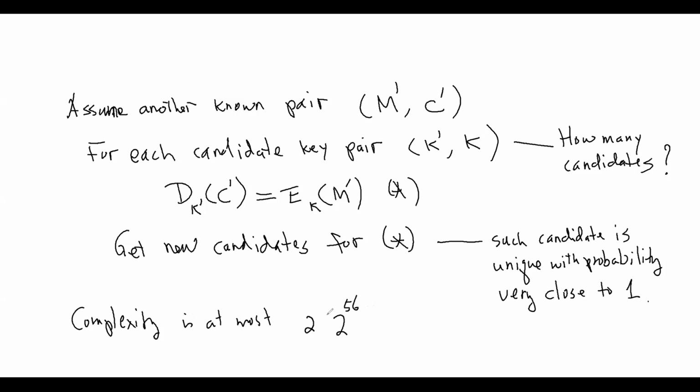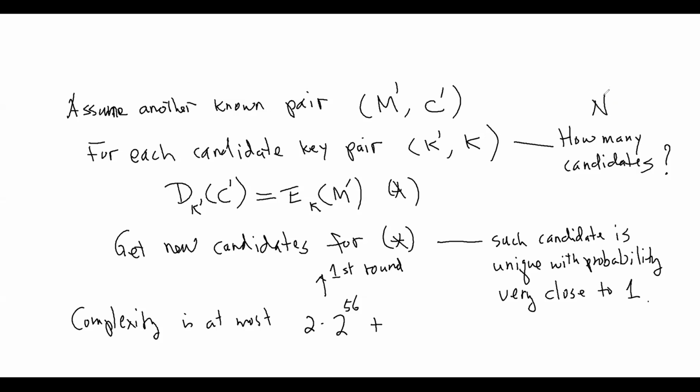And then the second round, so this is the first round. The second round, let's say you have N pairs.